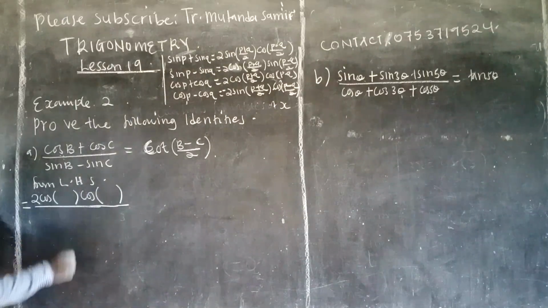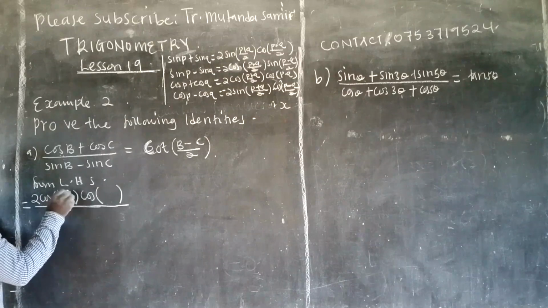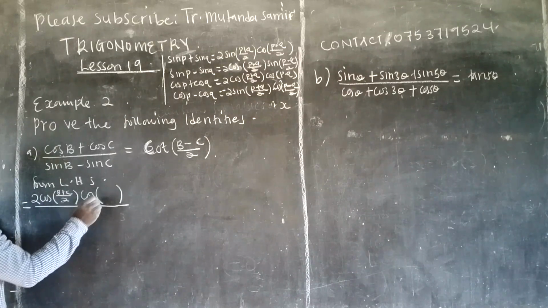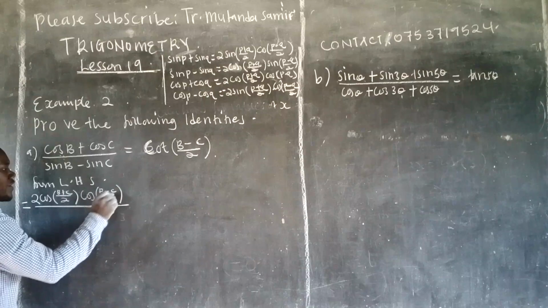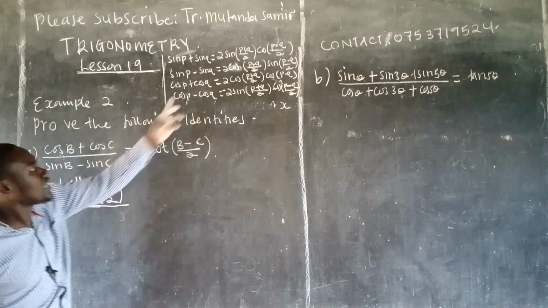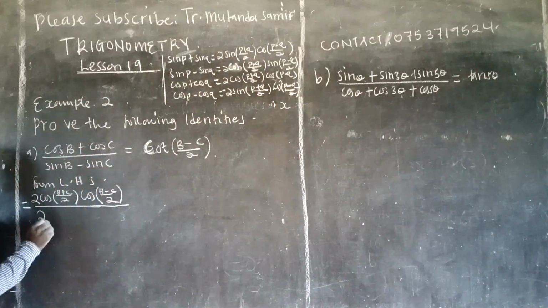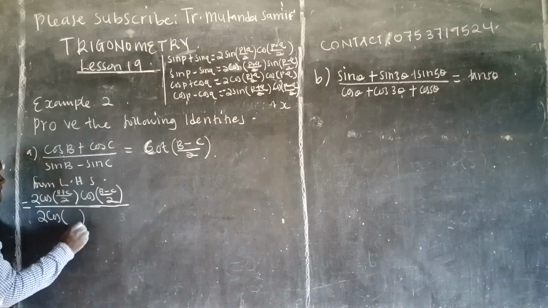So here it will be cos of (B + C)/2 times cos of (B − C)/2. Then for the bottom, sine minus sine. Sine P minus sine Q gives 2 cos sine.